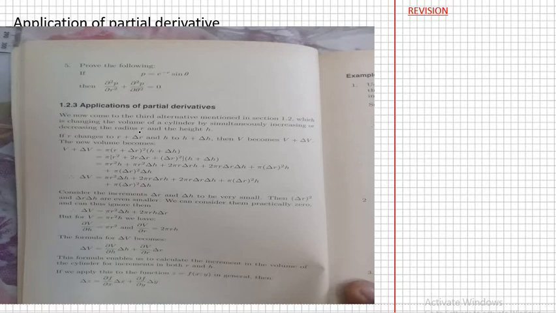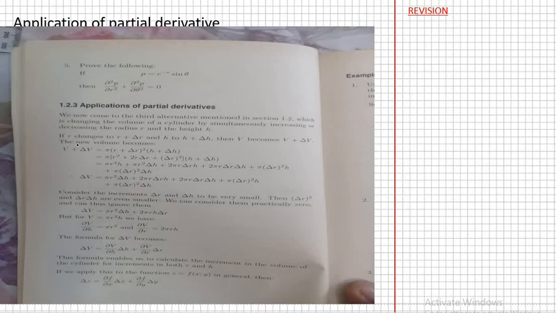The volume of the cylinder can be obtained from the height and the radius. So what's going to happen if the height and the radius undergo a certain change? That's going to also affect the volume.